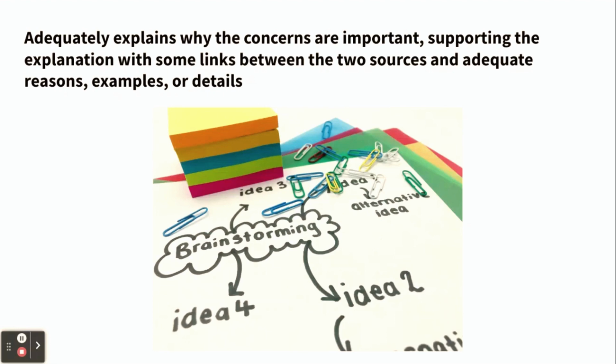But the other part of this is you've got to explain why whatever topic they're talking about is important to us in general, and the link between the two bits of writing, the two sources. Usually, one is for a topic and the other one is against a topic, but not always. So use your thinking cap.